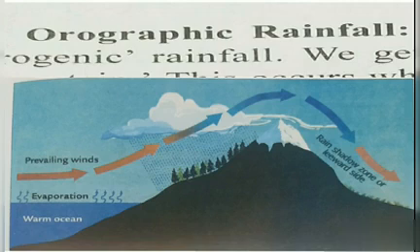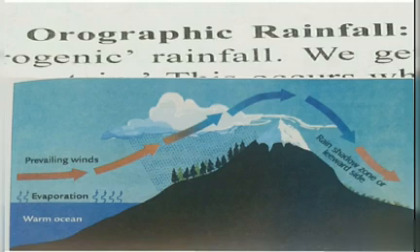So this region is dry and known as the rainfall shadow region. Orographic precipitation is also known as relief precipitation, and it is most commonly seen in coastal and high mountain regions.